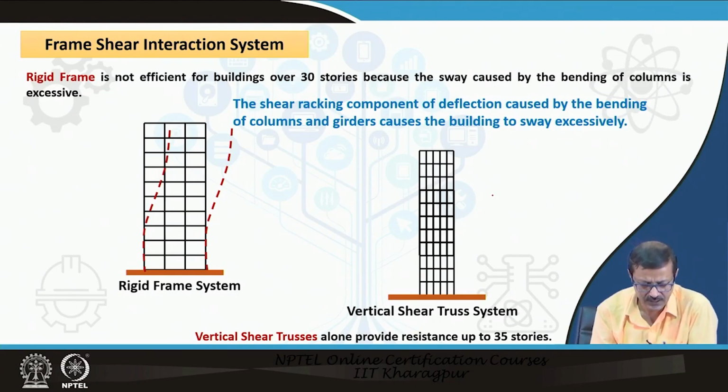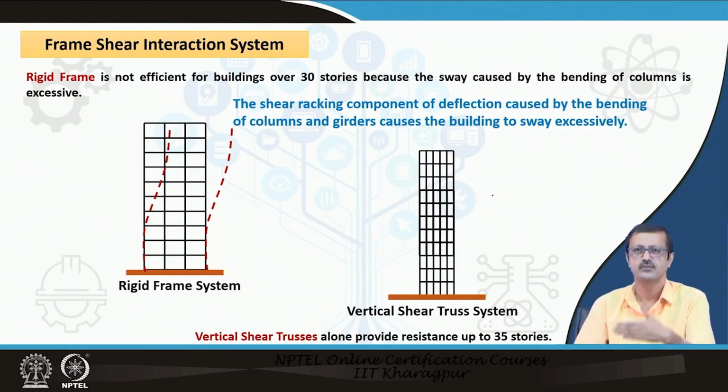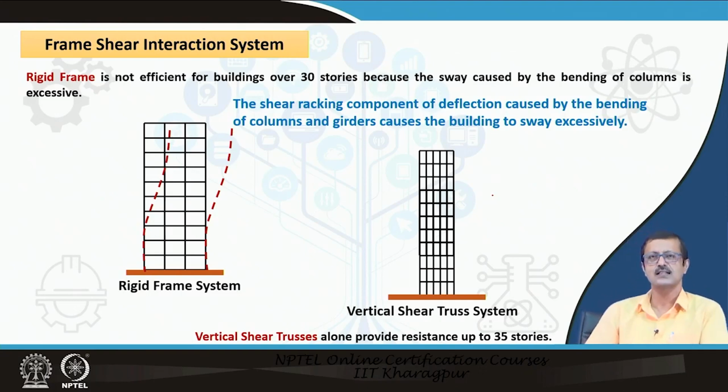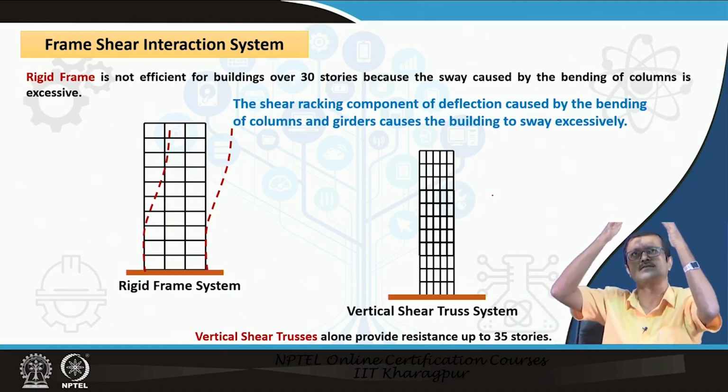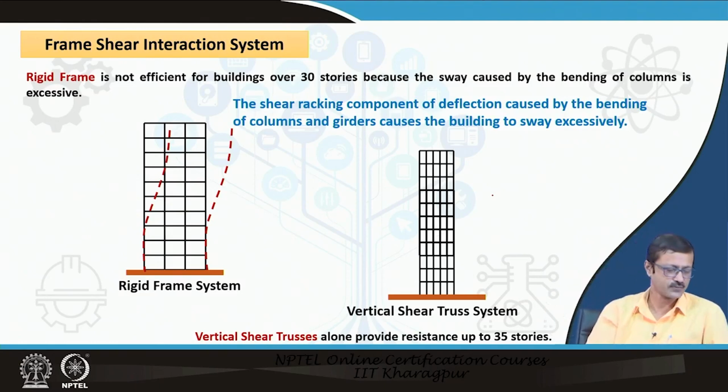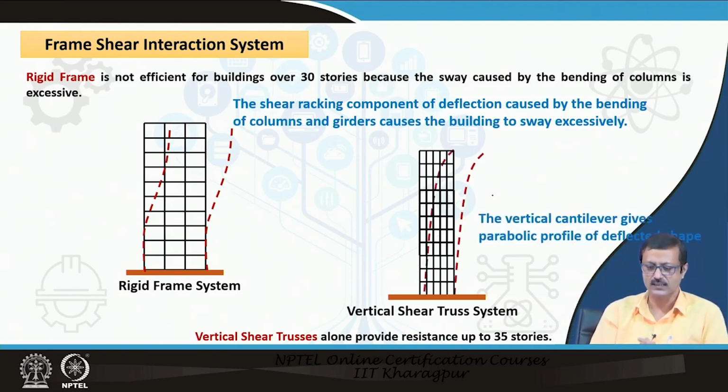The vertical shear truss alone can provide resistance up to about 35 stories, because it cannot have a larger influence area. So it can be a core, and it can go up to the 35th floor or so, with the cantilever effect that I told you about.